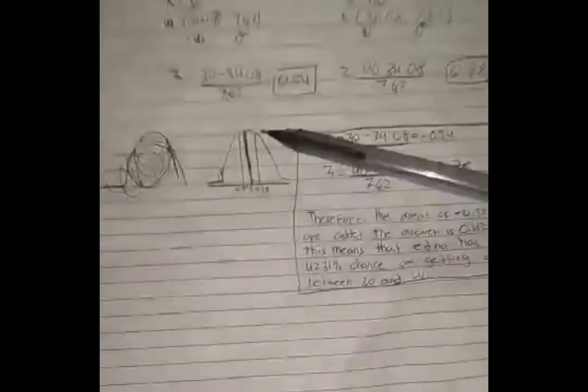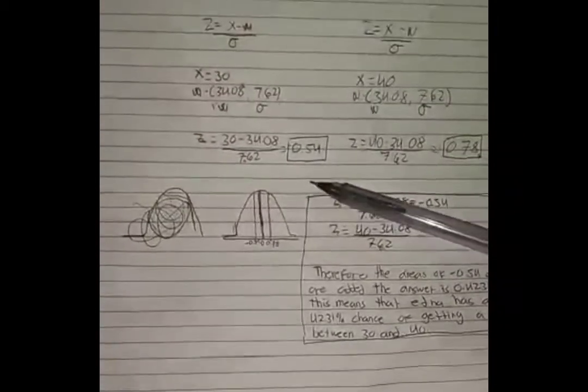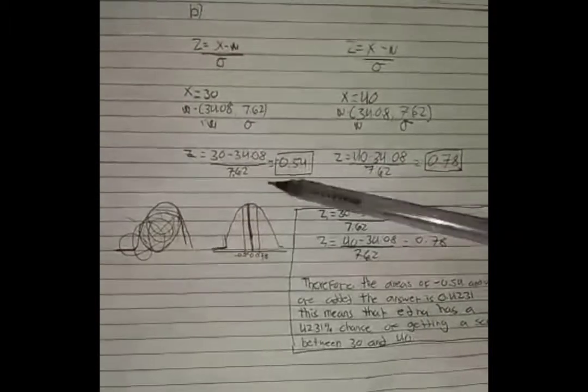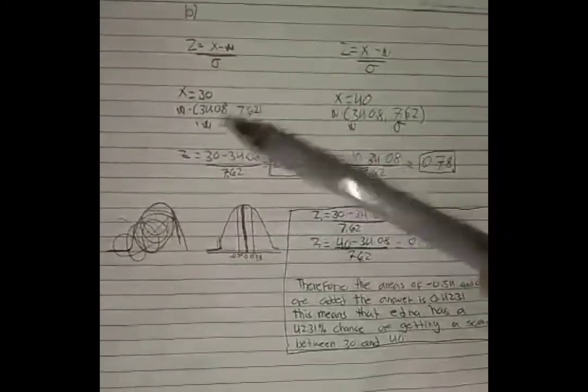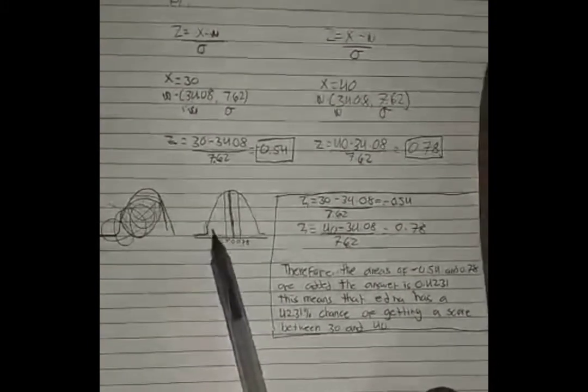Pagkatapos nyong makuha itong Z-score natin, gagawa naman tayo na dito, normal curve. Ito, normal curve. Ang sagot natin sa 30 score is negative 0.54. Dahil negative siya, dito natin siya ilalagay sa kaliwa.